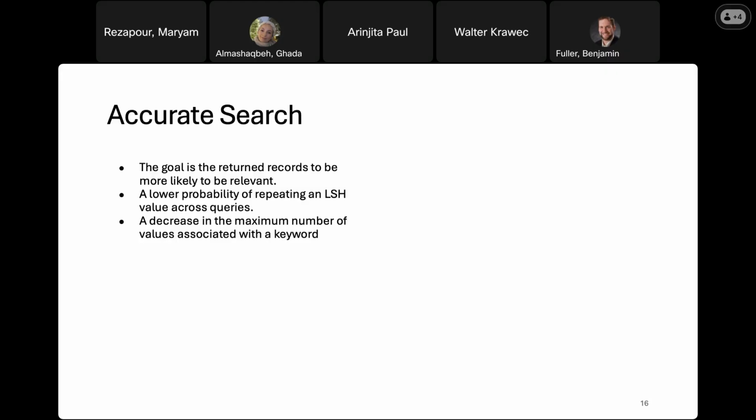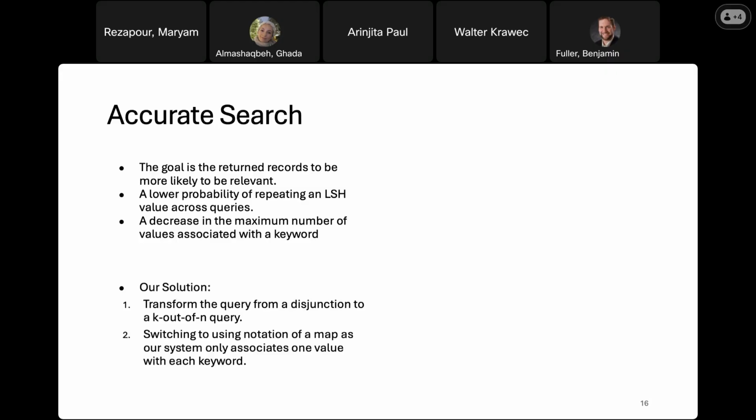If we move to maps, this decrease means that we move from a one-to-many relationship to one-to-one. So our solution is that instead of using that disjunctive query, which had just one common LSH evaluation, we require K out of N common LSH evaluations.